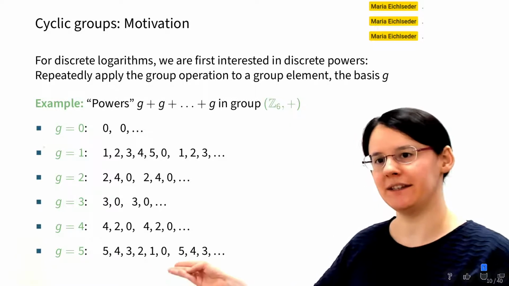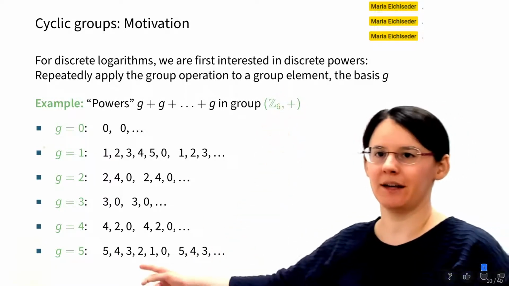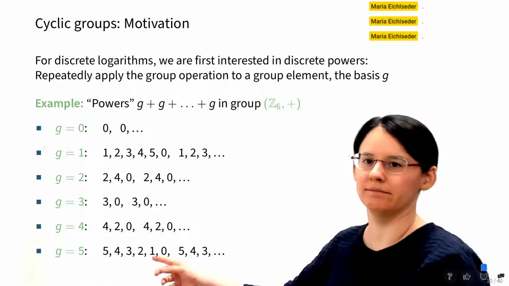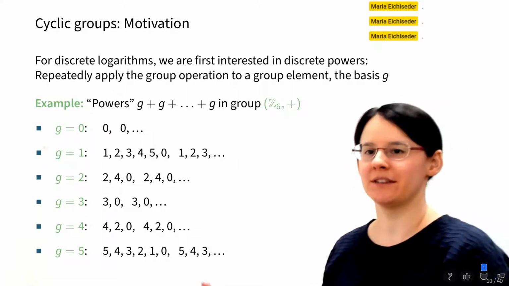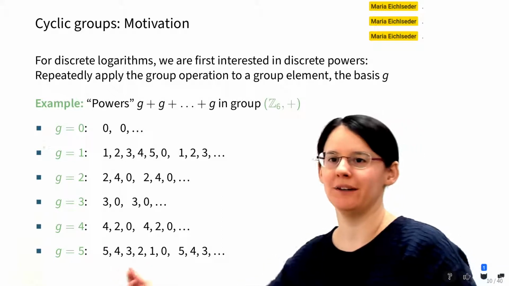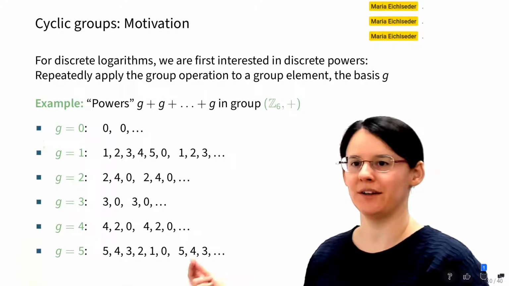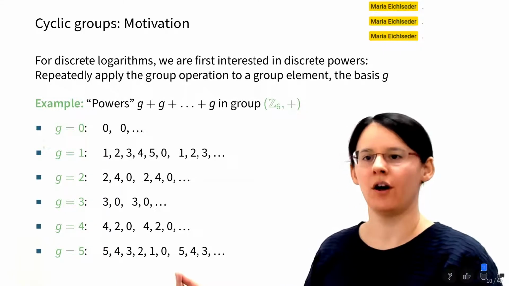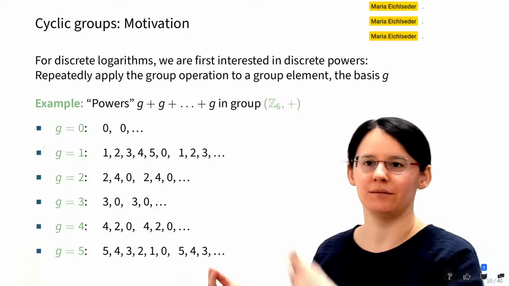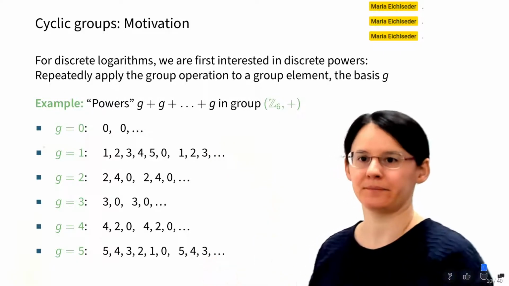But in any case, we see that if I take an element and keep repeatedly applying the group operation, at some point things will repeat, because I have only a limited number of elements, so at some point I will run into an element that I've already seen. And starting from this point, of course, things will repeat because I keep doing the same operation.